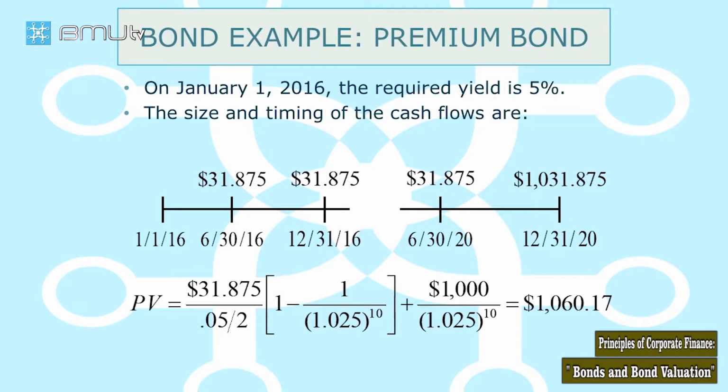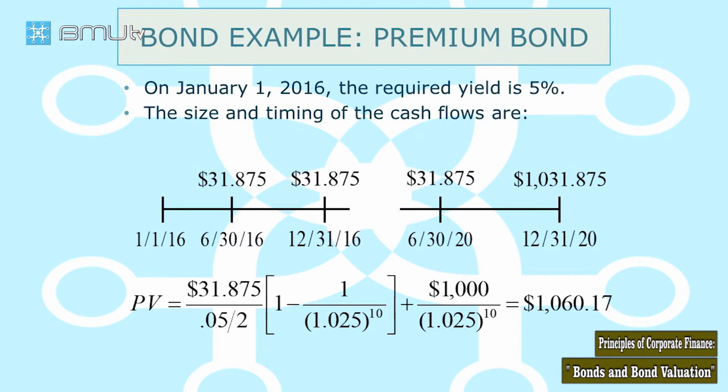And let's say in our same example, the required rate is 5% per year, of course. As you see, the market rate was 6% before. The required rate is 5%. This is less than the coupon rate. So what will be the bond price?